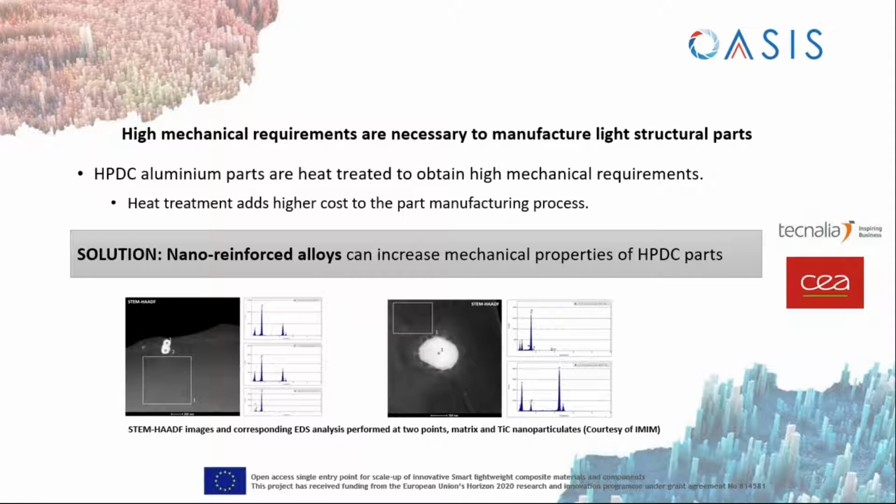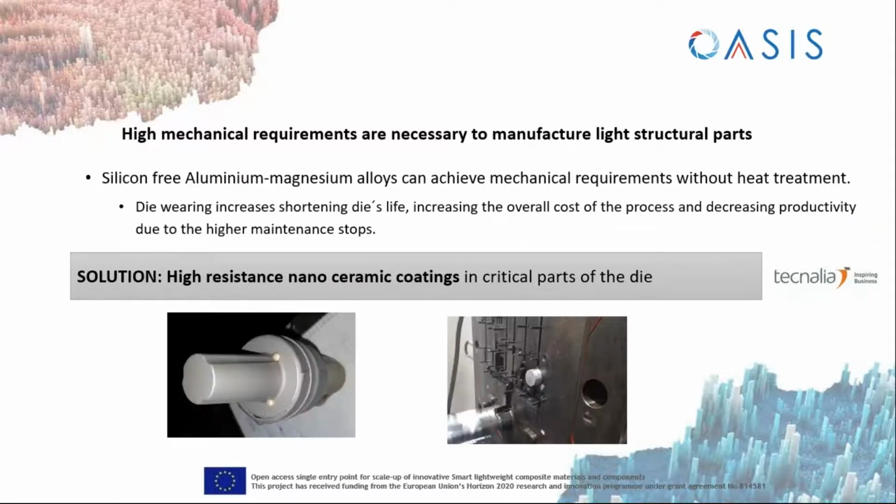So you need to heat it up, do solution treatment, you have to quench it, etc. So it's quite expensive. So it's more clever to have a material which does not require any heat treatment. And such a candidate could be the nanomaterial in future, which will be provided by CEA and nanoparticles, and at the end by Tecnalia of the ingots.